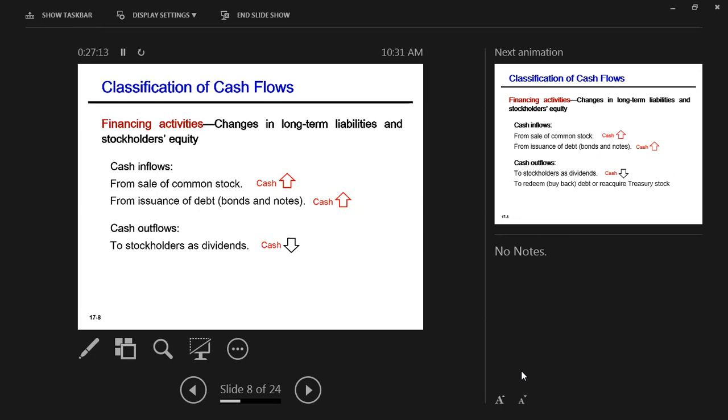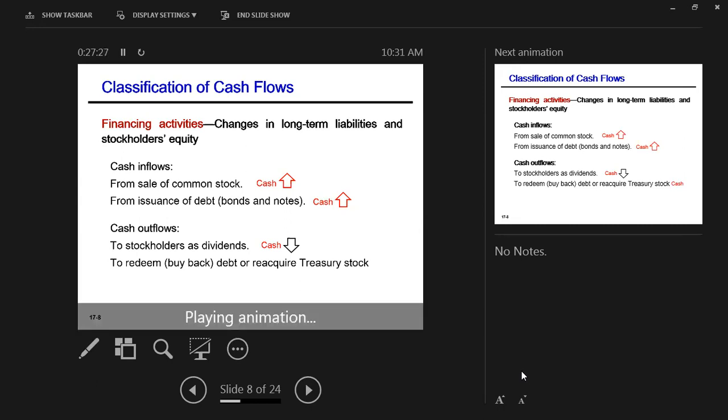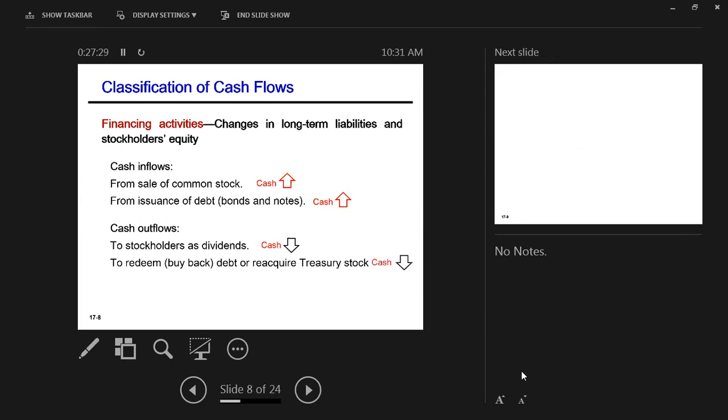When you give them dividend, equity decrease. When you give them money back for buy back the bond or buy back the treasury stock, you pay them, cash decrease. Yes. So these are the examples of financing activities.